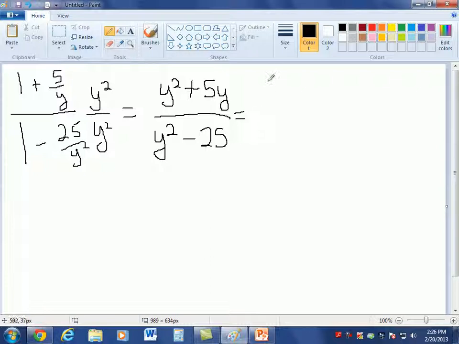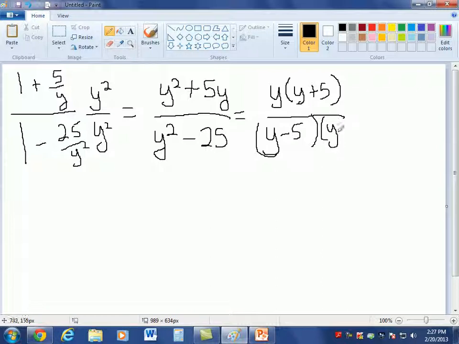Sure there is. Up top, what can we do? Pull a common factor, a monomial factor of y out, and we're left with y plus 5 as the second factor. What can we do downstairs in the denominator? Difference of squares pattern. Yeah, this fits one of those patterns. Y minus 5, y plus 5.